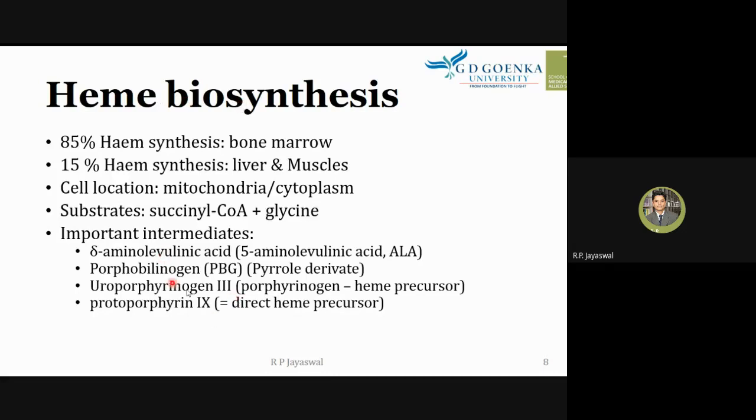Delta aminolevulinic acid is the first compound produced from succinyl coenzyme A and glycine. Porphobilinogen is one of the intermediates, and this is a derivative of the pyrrole ring. So from here the pyrrole rings are made. Uroporphyrinogen III is a precursor of heme synthesis; from here we can get a heme molecule.